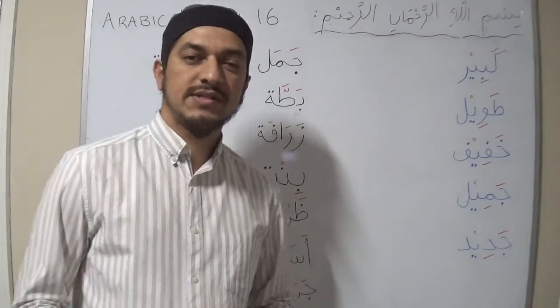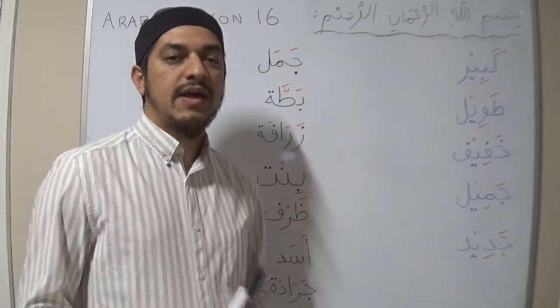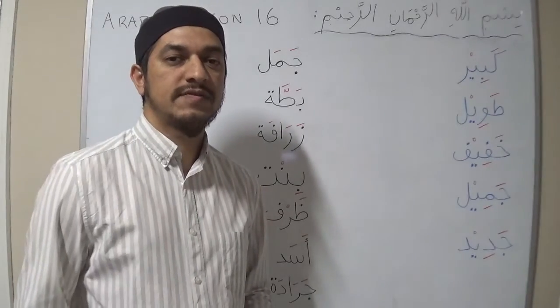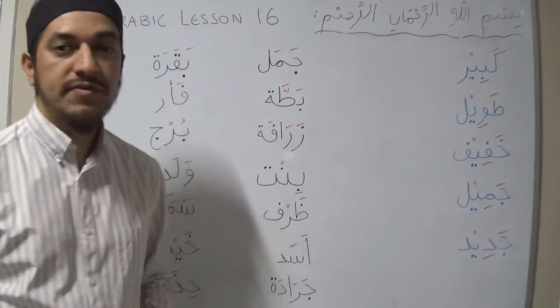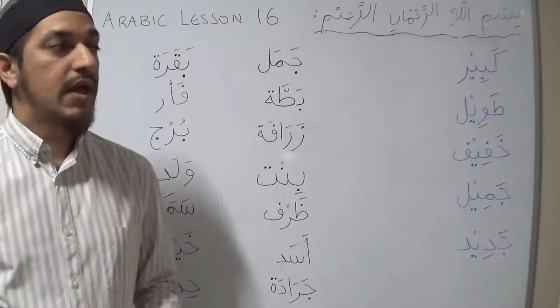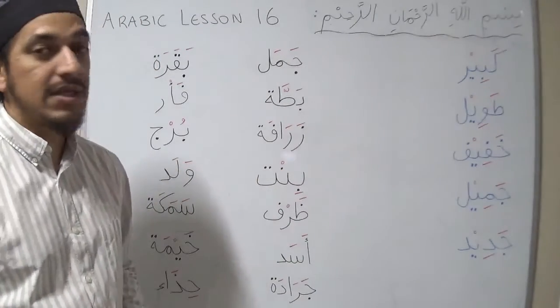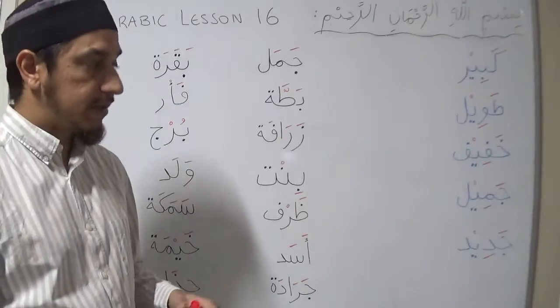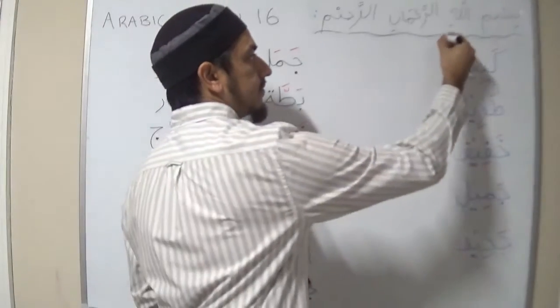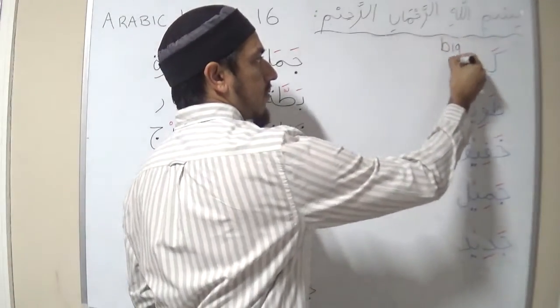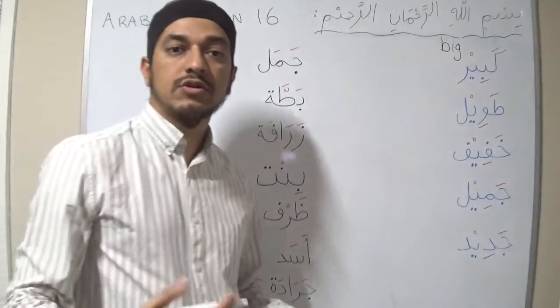Welcome to episode 16 in the Arabic series, and today we're looking at adjectives and opposites. So first we come to adjectives, and the first word we have here is kabir, and kabir means big. An adjective is to describe something.